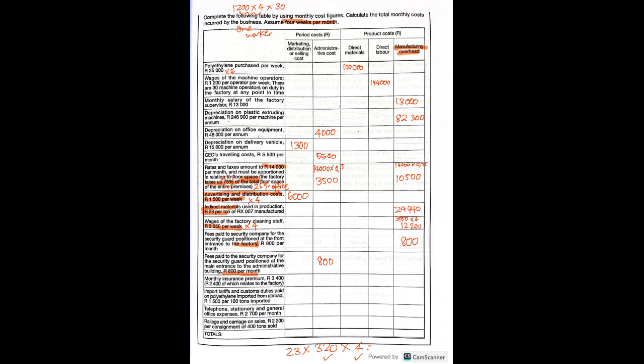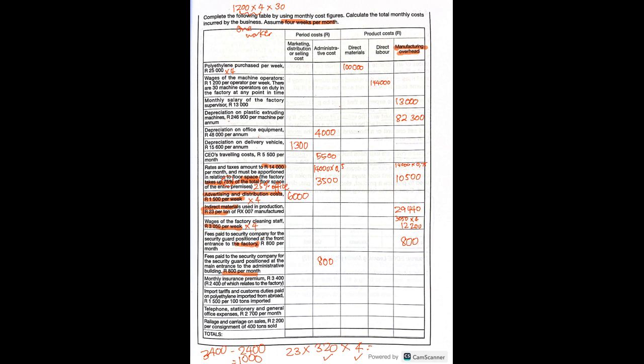So here, you have monthly insurance that is split into two. 2,400 is for the factory. That means that the remainder between the 3,400 and the 2,400, which is 1,000, will automatically be for the office. So the 2,400 itself, you're going to state, is insurance for the factory that falls under the category of your manufacturing overheads.